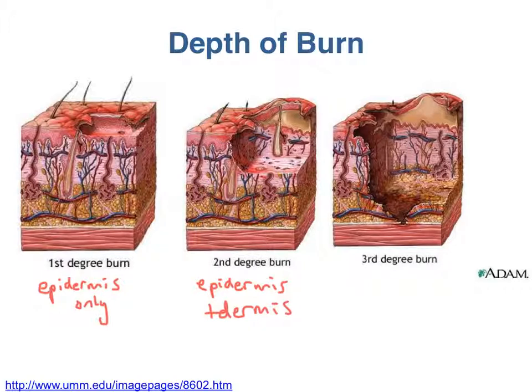A third-degree burn is sometimes called a full-thickness burn because it involves the epidermis, the dermis, even through the hypodermis. Patients with third-degree burns may actually have exposed muscle tissue, and you can even have burns so deep and severe that it burns through the underlying muscle and you have exposed bone.